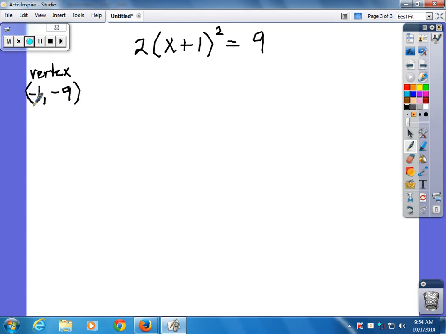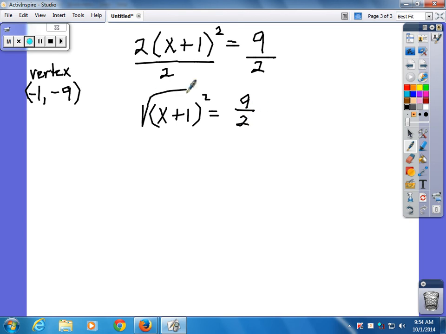And now we're going to solve for the x-intercept. Divide through by 2. X plus 1, quantity squared, is equal to 9 over 2. Take the square root of both sides, and we get x plus 1 is equal to 3 over the square root of 2, and that's positive or negative.